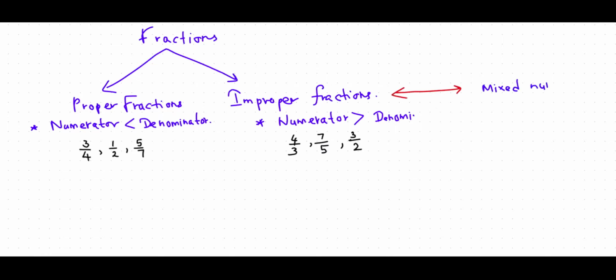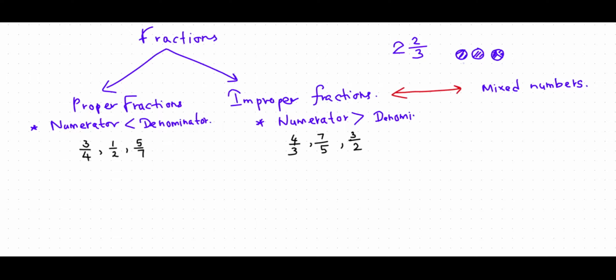In mixed numbers, we have a whole number part and a proper fraction together. This 2 is the whole number. If I represent it as a diagram, 2 complete circles. The third circle is divided into 3 equal parts and only 2 parts are shaded. This is 1 plus 2 over 3.